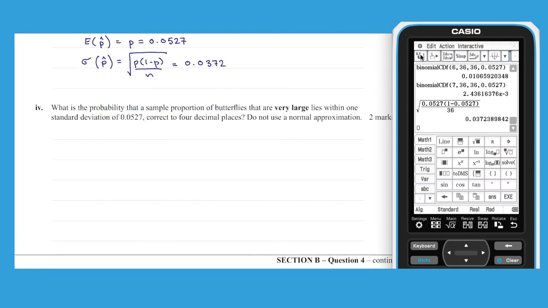Part F, Part 4. The distribution of p hat looks something like this. The cutoffs for p hat within plus or minus 1 standard deviation of the expected value are 0.0527 plus or minus 0.0372.